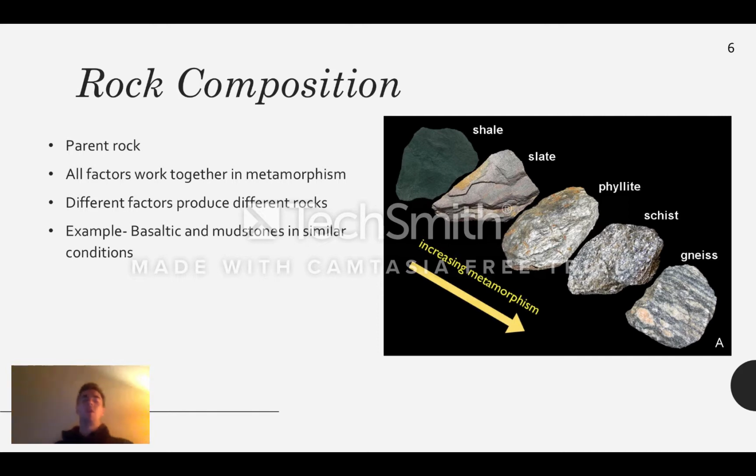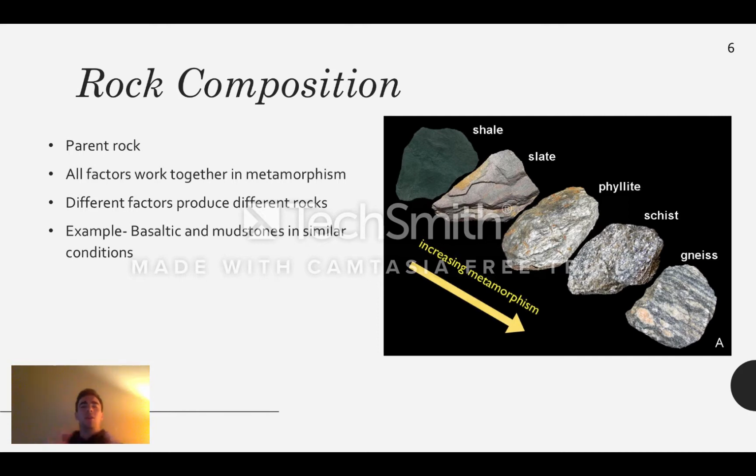An example of that would be basaltic rock, which produces hornblende, while under really similar conditions in the same areas, mudstones produce kyanite.